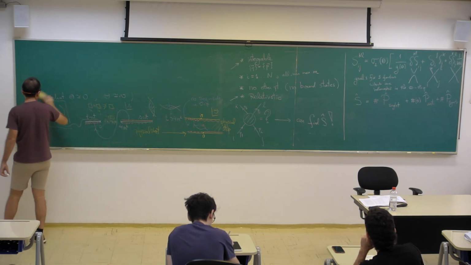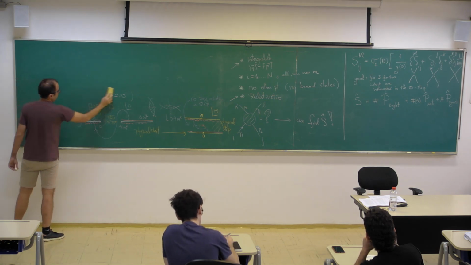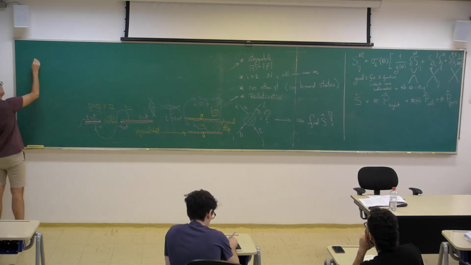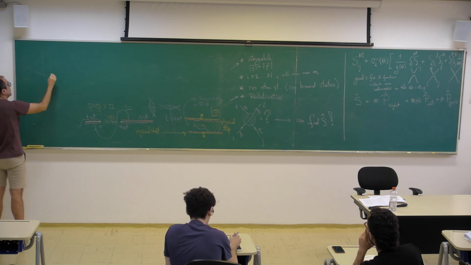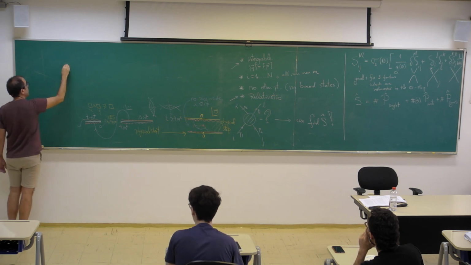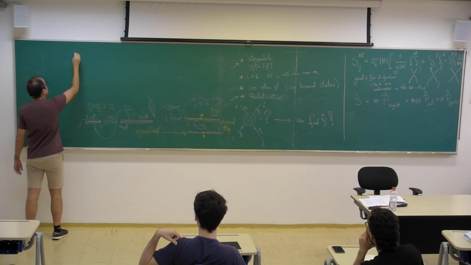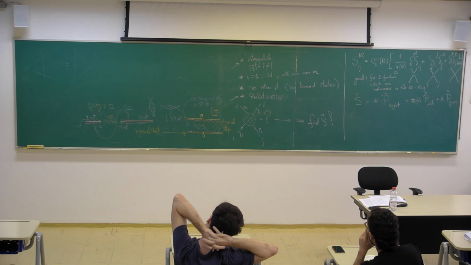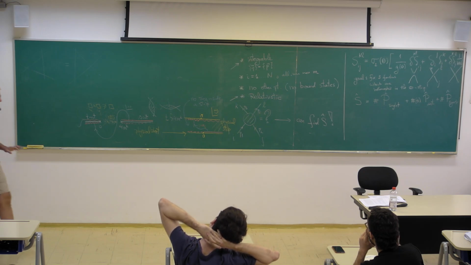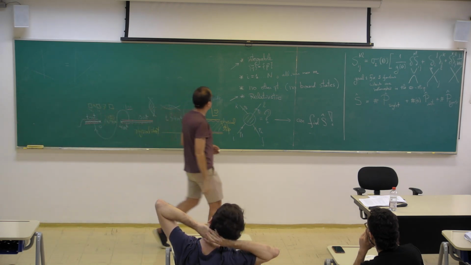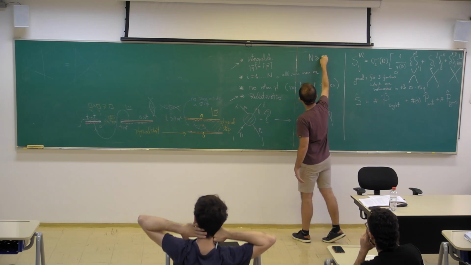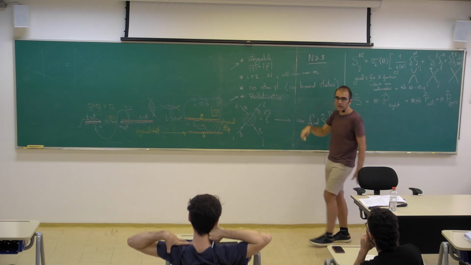So if I consider a scattering in this order, that must be the same as scattering in this other order. Now let's try to use this. So here is where we are going to use that N is bigger or equal than 3.